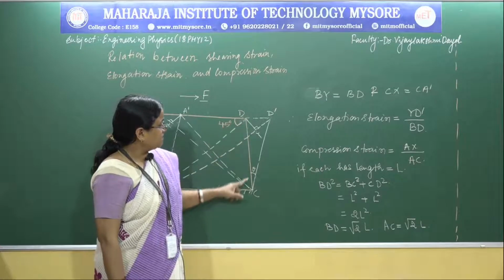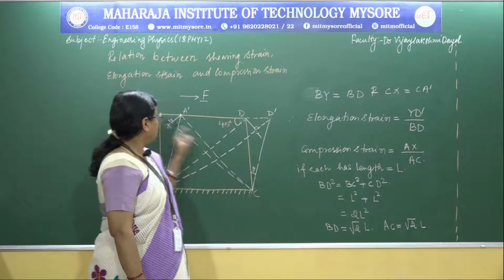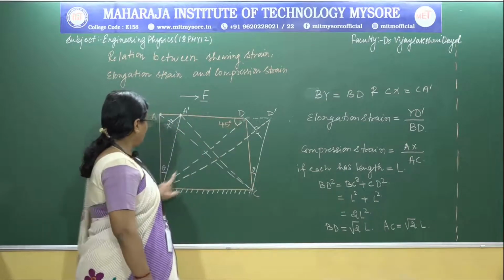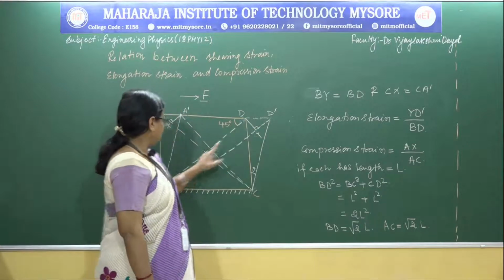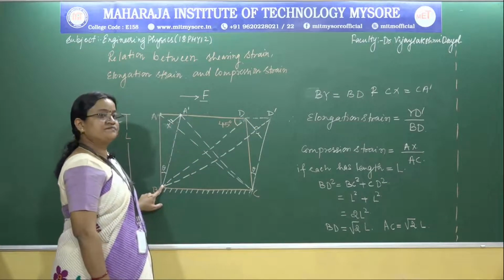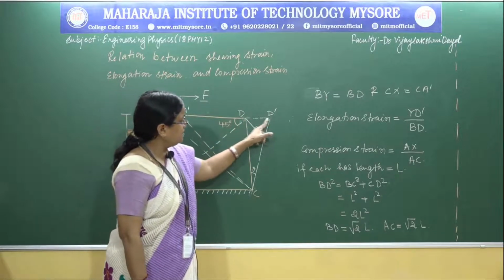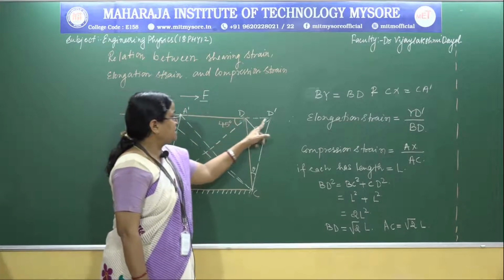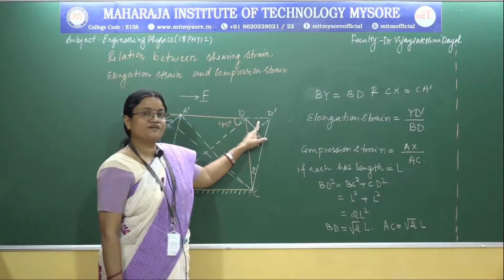So, as theta is very small, angle ADB will be equal to angle AD dash B. So, we can even consider angle DD dash B is equal to 45 degree.